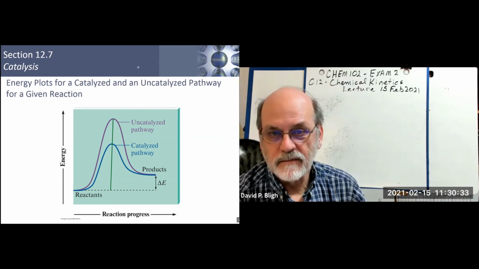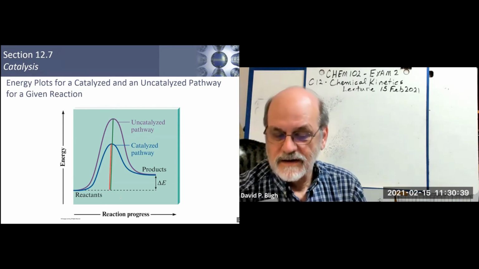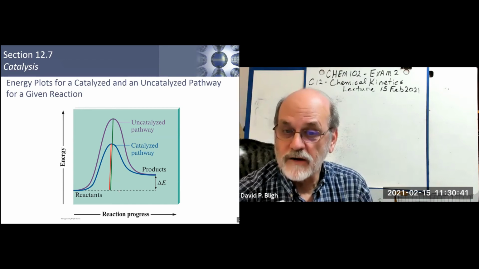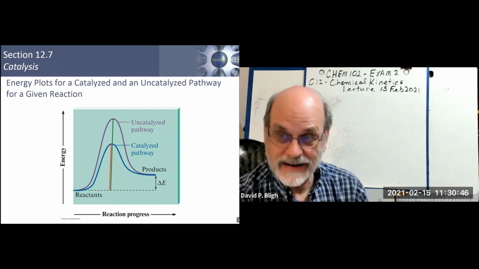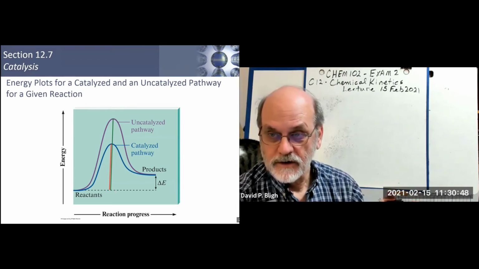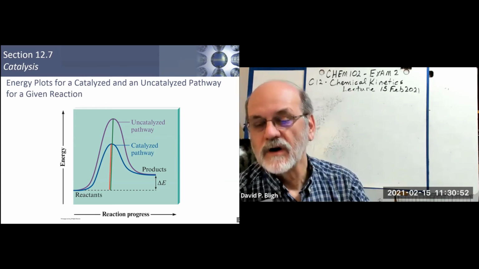But from here to here is the activation energy required for the catalyzed reaction. So at any given temperature, you've got more than enough energy to drive your reactants over the hump.